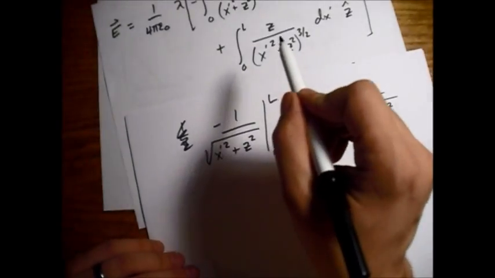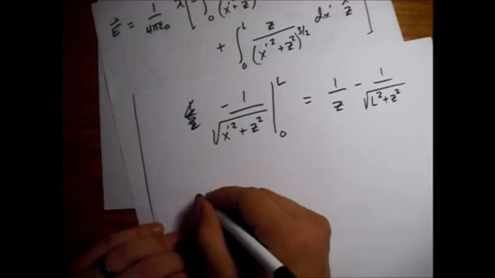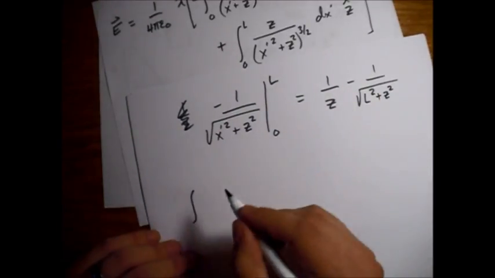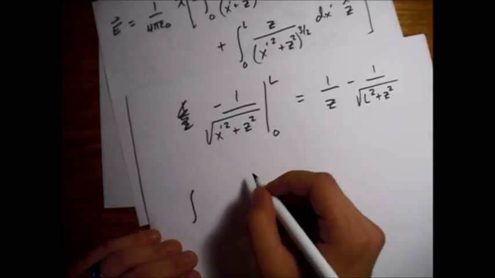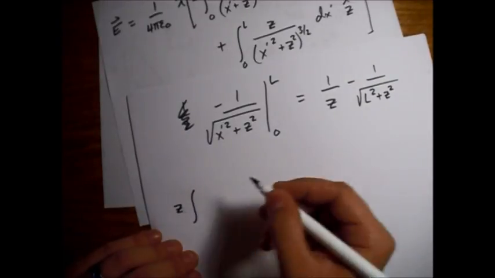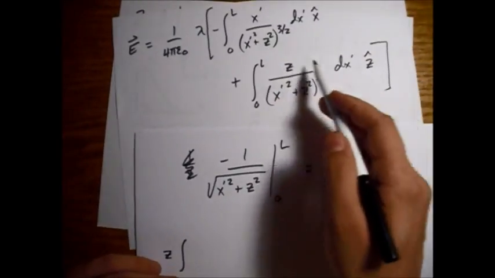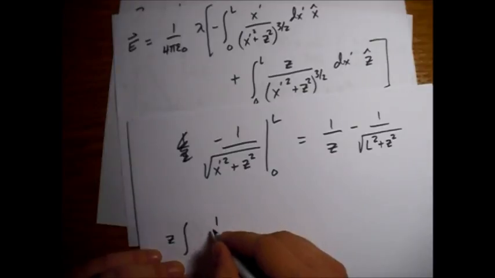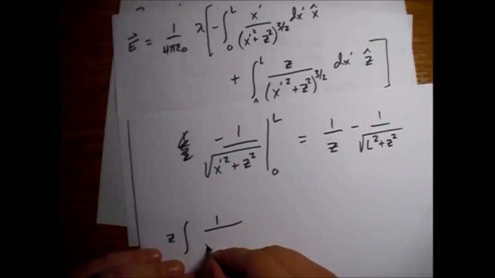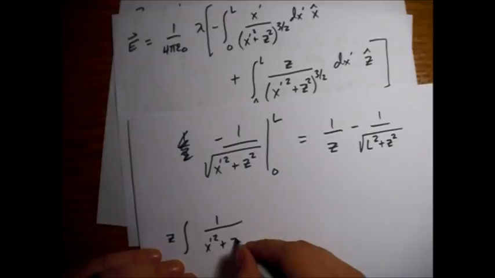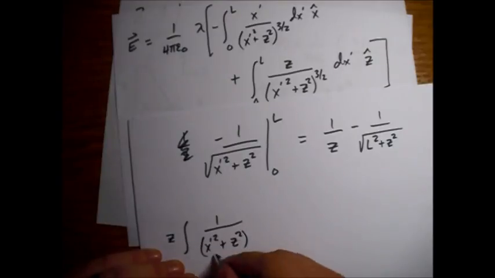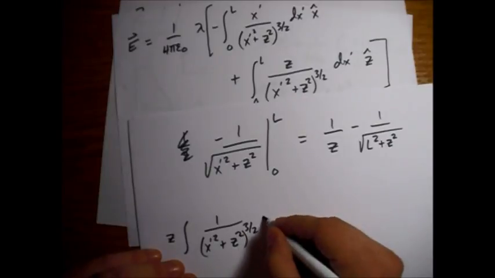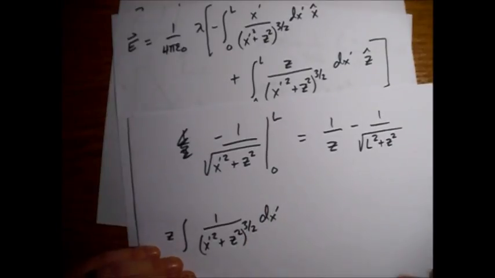All right, so now onto our trig substitution one. I'll go ahead and write this as an indefinite integral, solve it, and then go back to the definite integral once it's done. We can bring the z out front. This z is not being integrated over, just a constant. And then we have a 1 over x prime squared plus z squared to the 3/2 power.